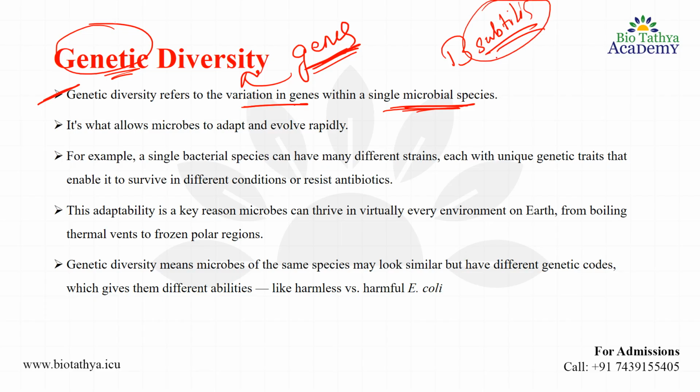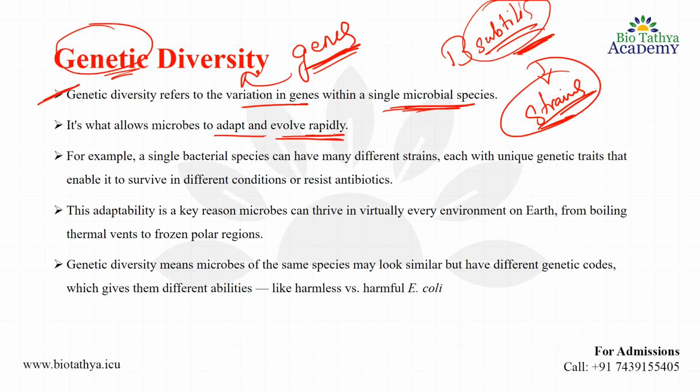So subtilis is a species, and in this particular species there can be variations of genes, and from those variations arise strains. So if a species varies from one gene set to another, then it ends up making different kinds of strains of the species. It's what allows microbes to adapt and evolve rapidly.